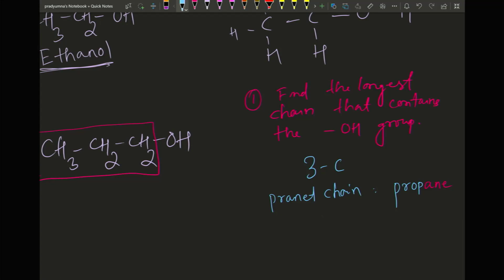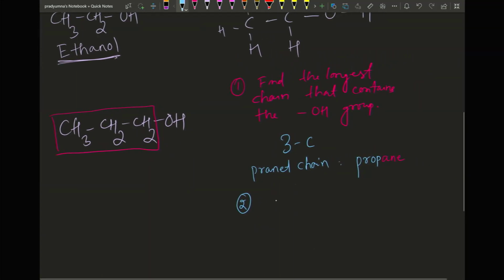Then when you write it out, the E at the end is replaced by OL.